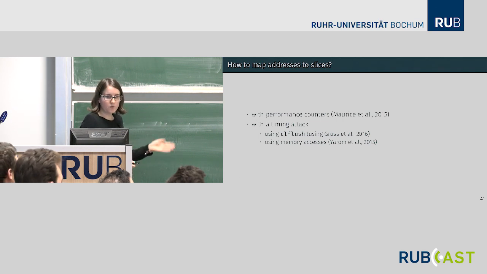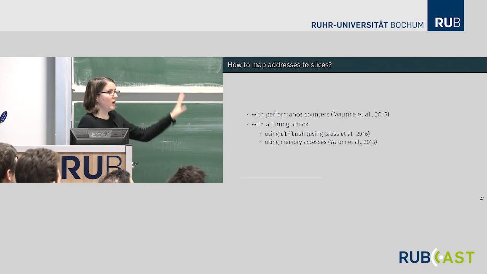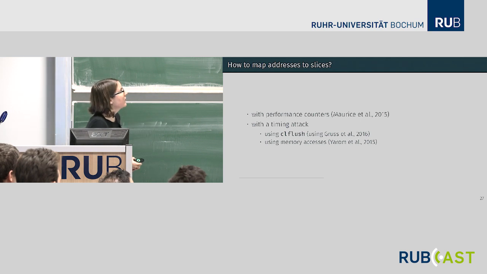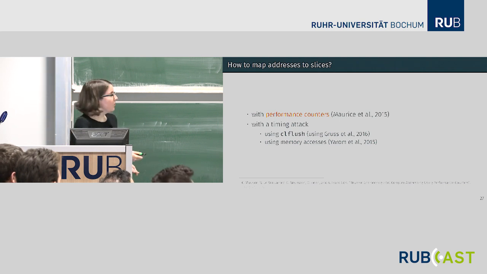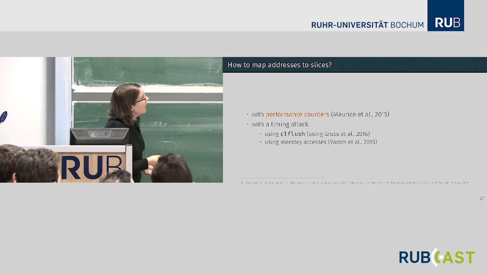And we can also use memory accesses because, in the same way as the CLFLUSH instruction, this has different timing depending on the slice. I'll be telling you about the performance counters method, and if you want even more detail than that, you can check our paper that was published last year.